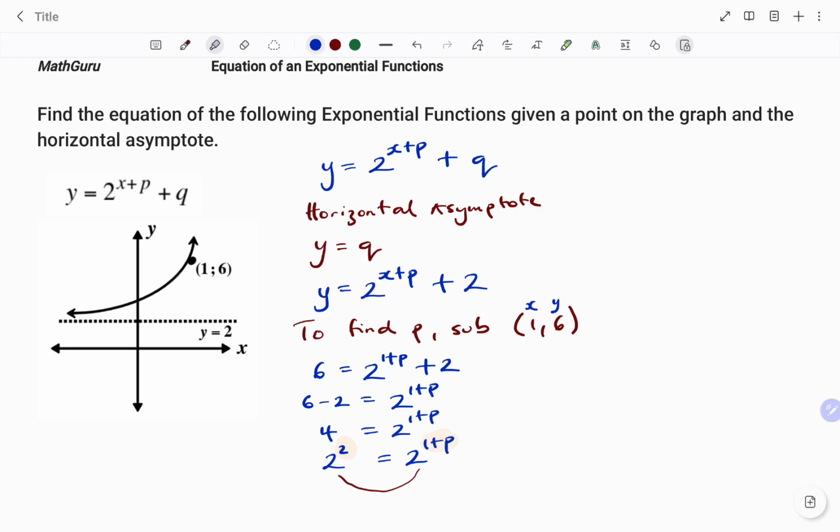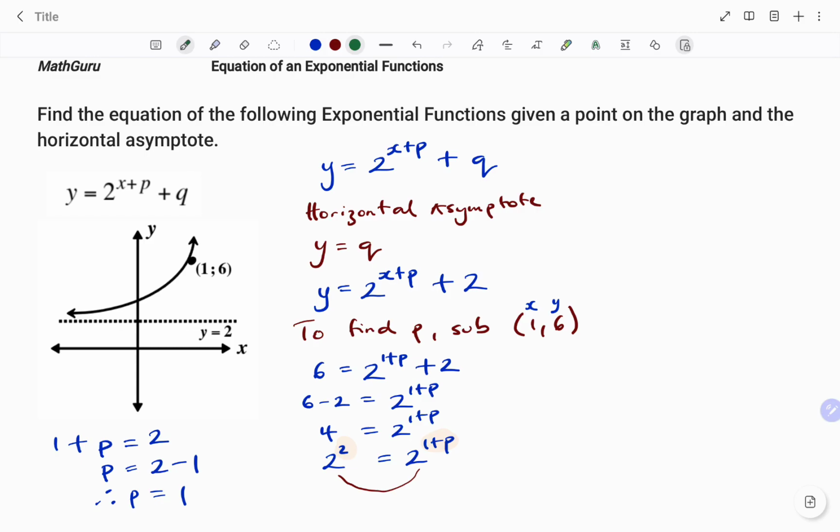So therefore I have 1 plus p is equal to 2. Therefore p equals 2 minus 1, and then we have p equals 1.